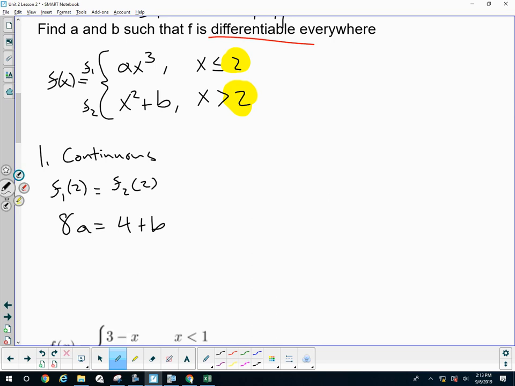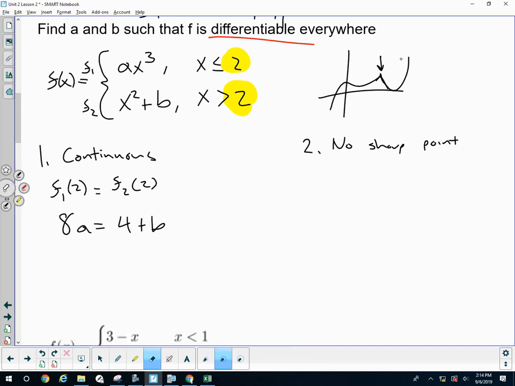The second thing I need to make sure of is that I don't have a sharp point. Because I have to make sure that when the pieces do meet up, this x cubed and this x squared, they don't meet up like this and create a sharp point. This would be bad.